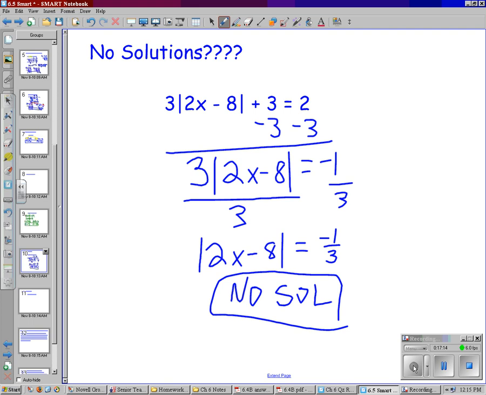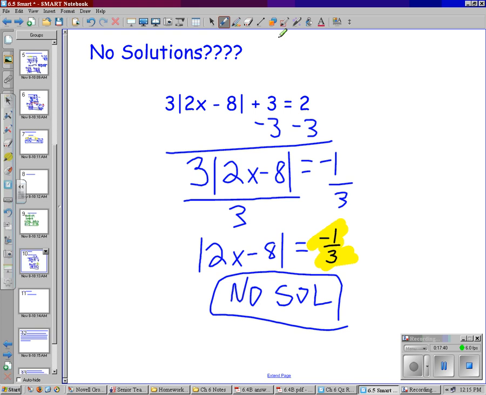Otherwise, you will always get 2 answers for your absolute value equations. So if when you are simplifying and you get down to the absolute value of whatever's inside there equals a negative, then you will write that there is no solution. It's because that number is negative that there is no solution.